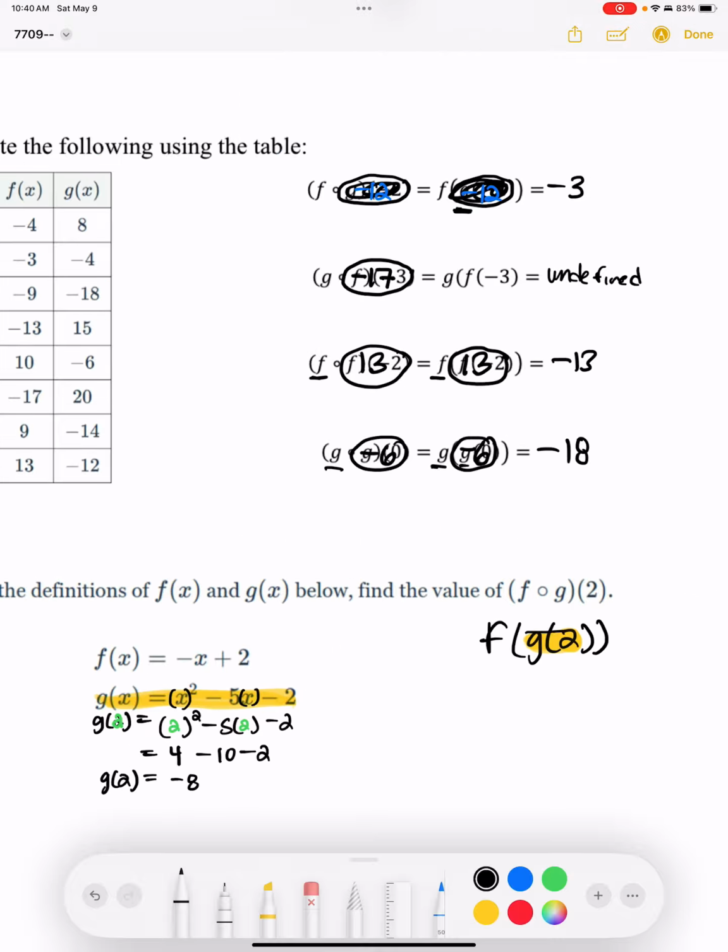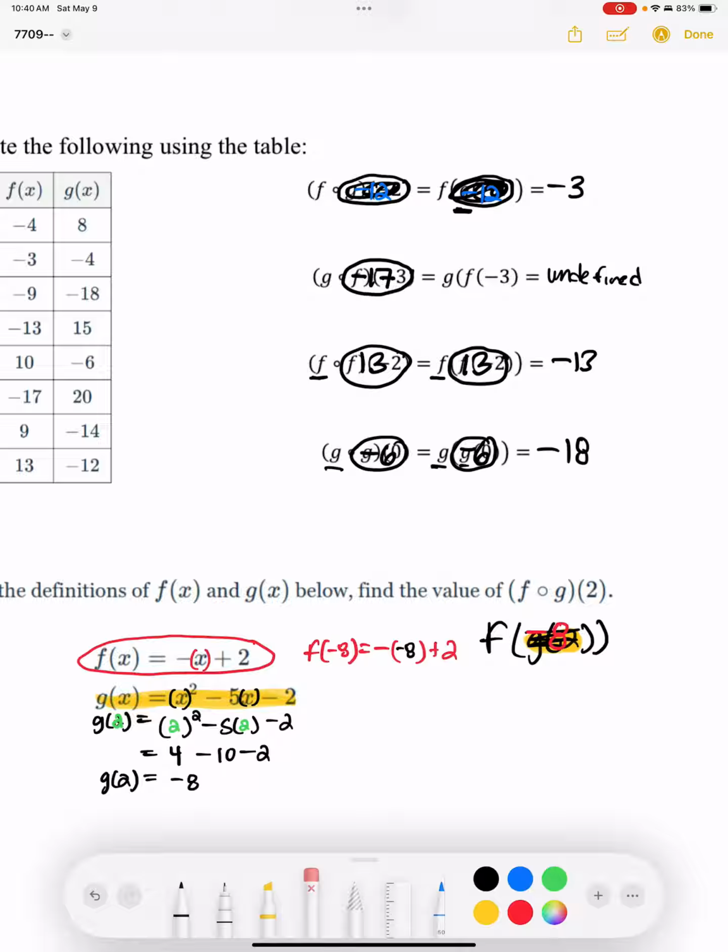Well, this part now turned into a -8. So now you have to go to f of -8. So now you're going to go up to the first function, the one that says f, and you're going to put a -8 for our final answer. So I would put parentheses again around the x only. Don't include the negative. f of -8. There's a negative, and then it would be x plus 2. And in there, we're going to put a -8.